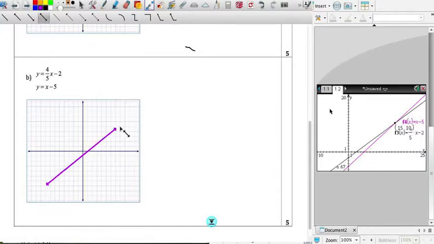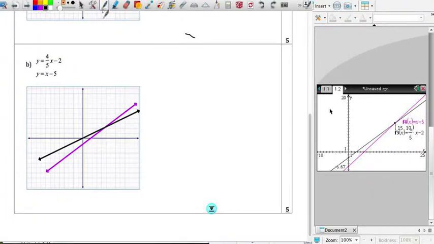We have our first function, our second function, if it'll let me draw a second function. There we go. And we'll go back and mark our point of intersection, our solution to the system, as 15, 10.